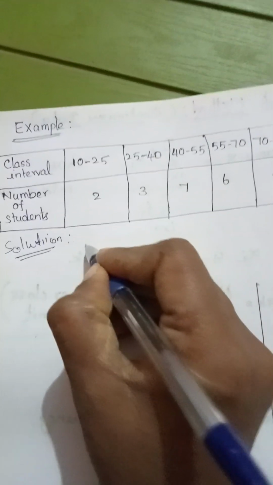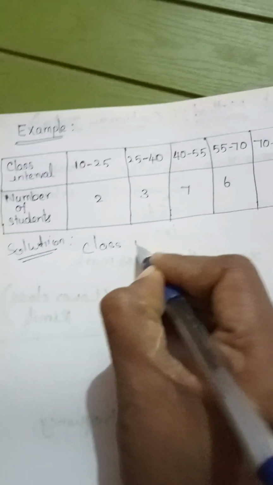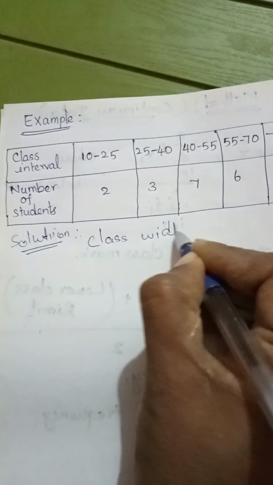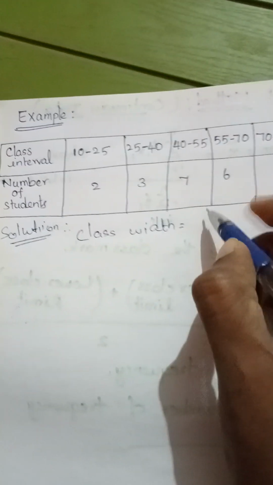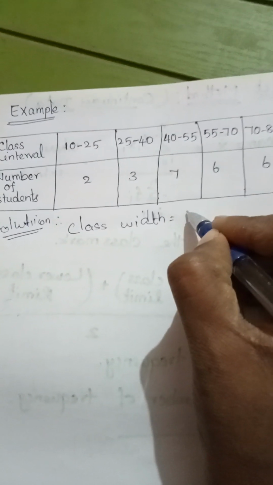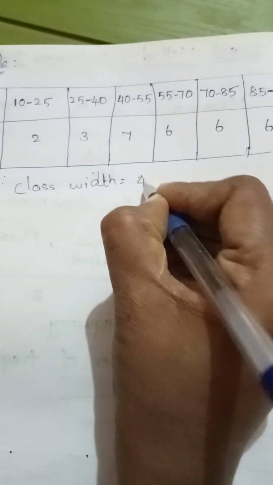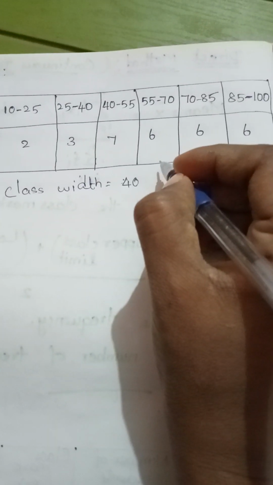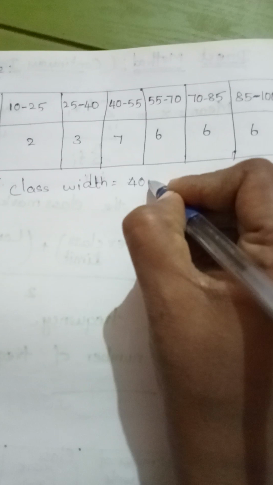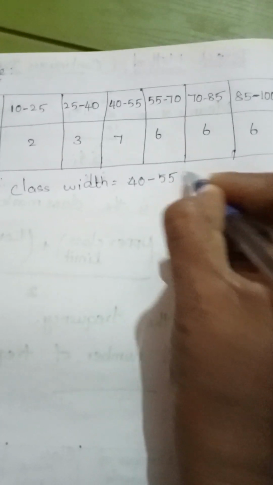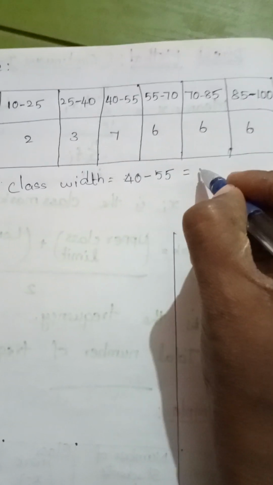Solution: for any interval you choose, the same width comes. So 55 minus 40, the width is 15. So all class intervals have the same width. First check this.